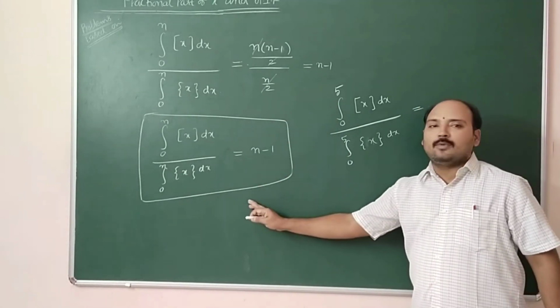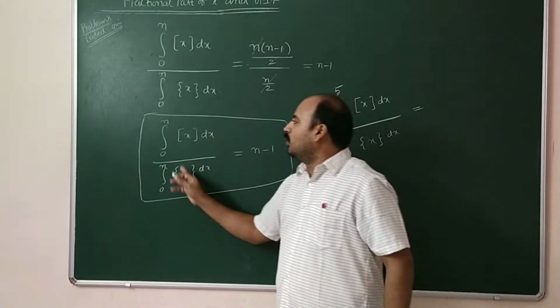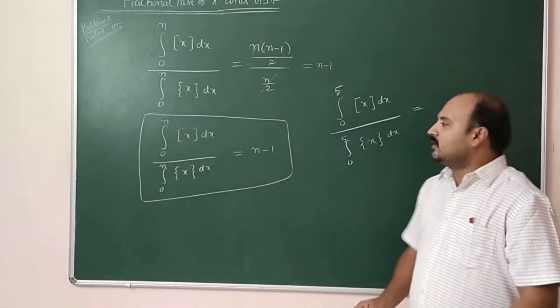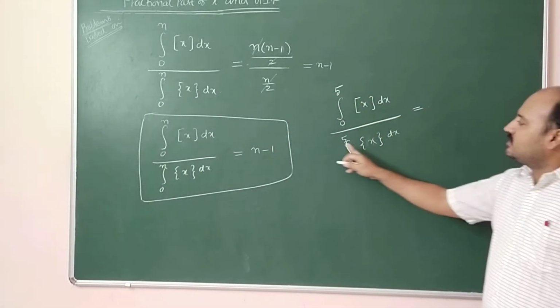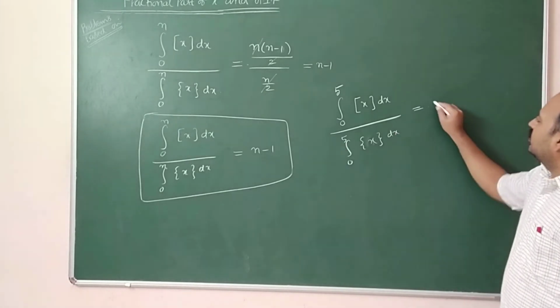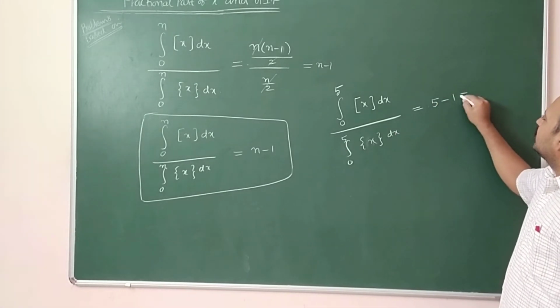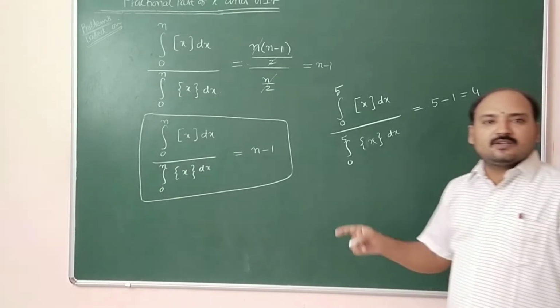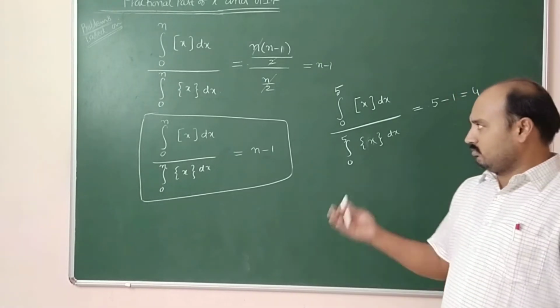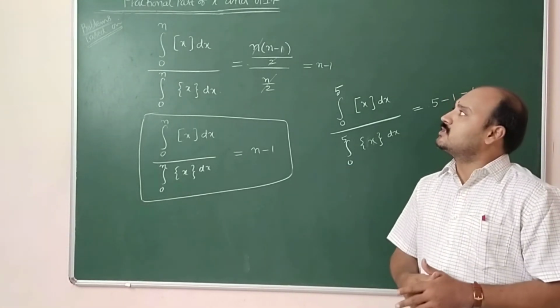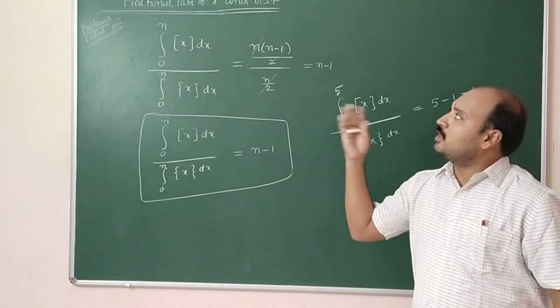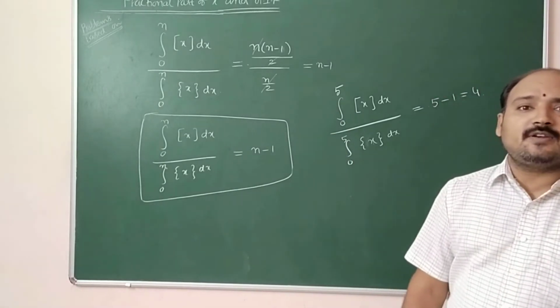This will be applicable whenever the limits are the same in both the numerator and denominator. Then only you can apply. So n is equal to what here? 5. So 5 minus 1, which is equal to 4. This is the way you can get questions related to fractional part of x and greatest integer function.